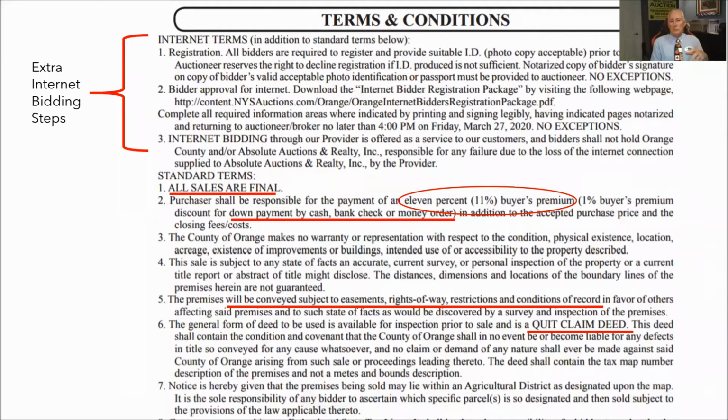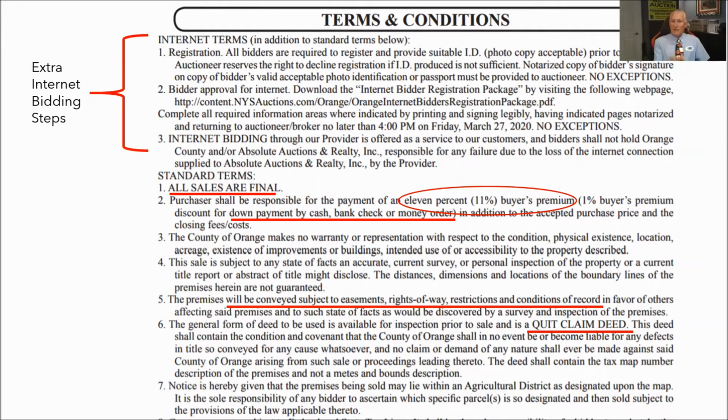So we're just going to make sure that all your paperwork is in order so that you're similar to the people who are at the auction who sign the same paperwork. In addition to those terms, there are what we call the standard terms, and everyone is agreeing to these.